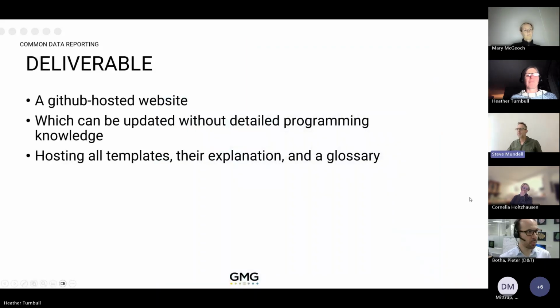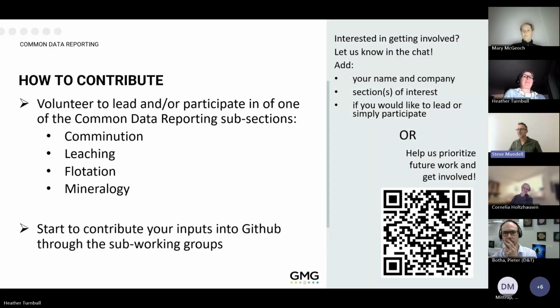Okay, so the deliverable I mentioned there was the GitHub hosted website, updated without detailed programming knowledge, so it's this collaboration environment, with posting of all of the templates. The next part, I think it was actually the following slide, is helping with contributing. So we're getting involvement.